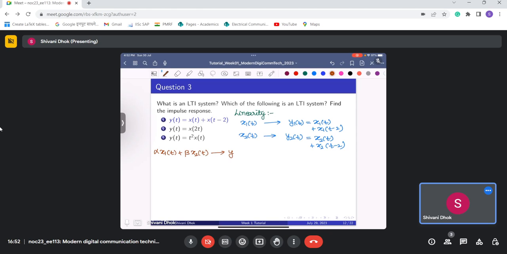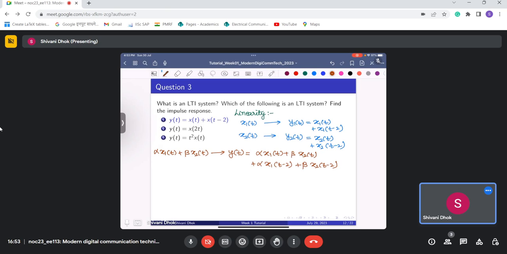The first term is x(t), which is replaced as it is, that is alpha x1(t) plus beta x2(t), and the second one is a delayed version, that is alpha x1(t minus 2) plus beta x2(t minus 2).